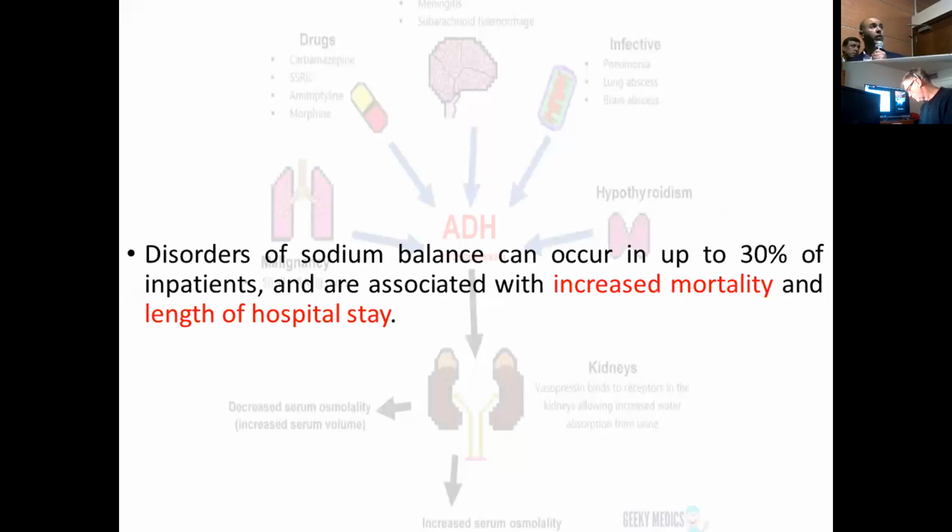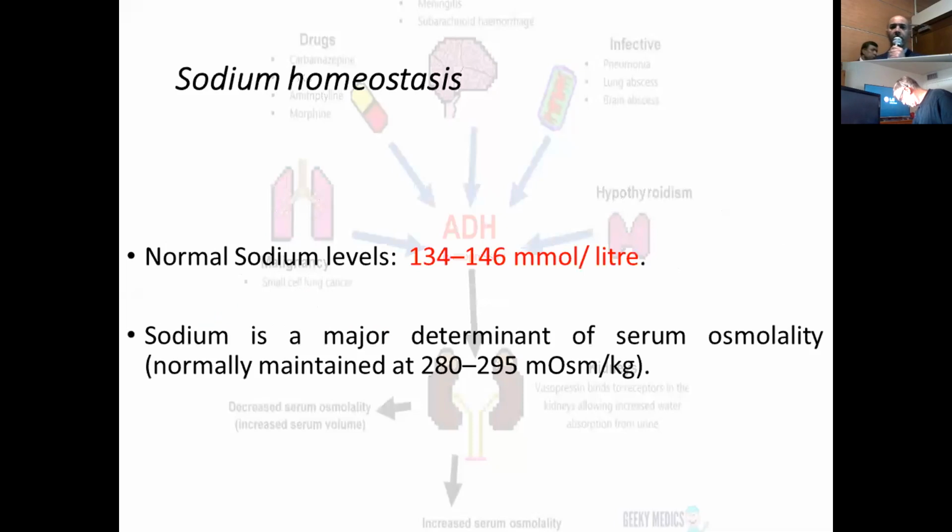Disorders of the sodium balance occur in up to 30% of hospitalized patients, which is severely correlated with increased mortality and morbidity in these patients. In sodium homeostasis, just very briefly as an introduction, the normal level is 134 to 146 millimole per liter. Sodium is a major determinant of the serum osmolality, normally between 280 and 295 milliosmol per liter.